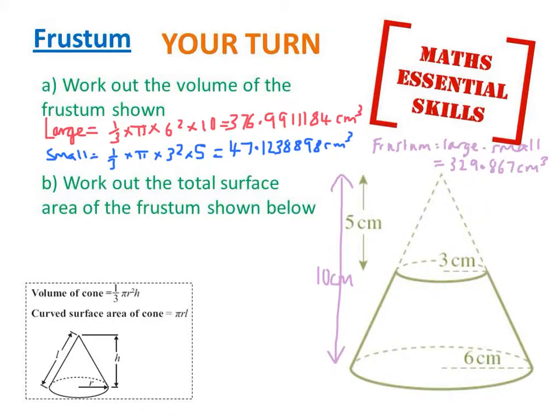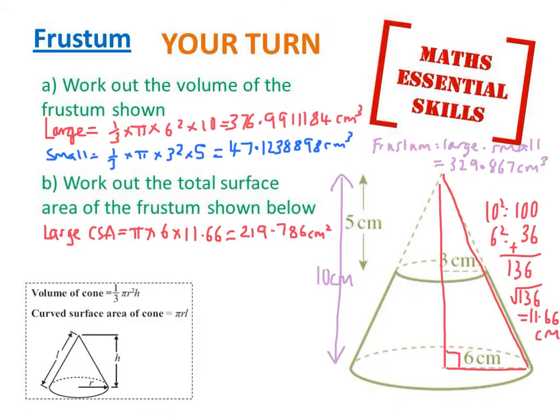I'm going to do the same as before, where I work out the curved surface area of the large cone, take away the curved surface area of the small cone, and that will give me the curved surface area of the frustum. To do that I'm going to have to do Pythagoras, just like on the cone question, which is why this is a much more involved question.